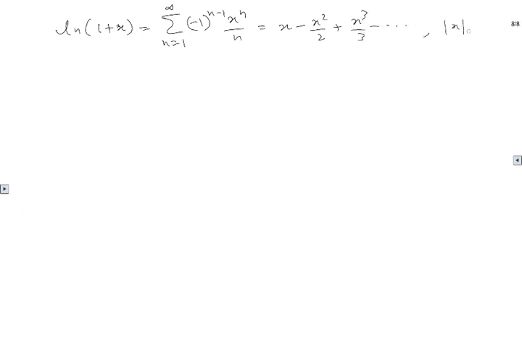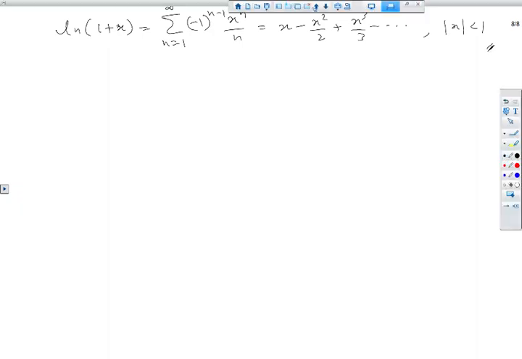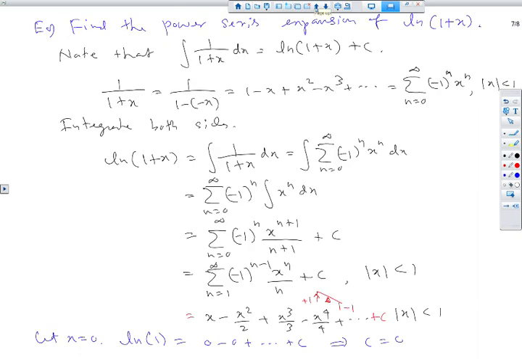This is valid for absolute value of x less than 1. So that's the power series representation of ln(1 plus x). It's very easy to find. What we did was we just integrate the 1 plus x function.